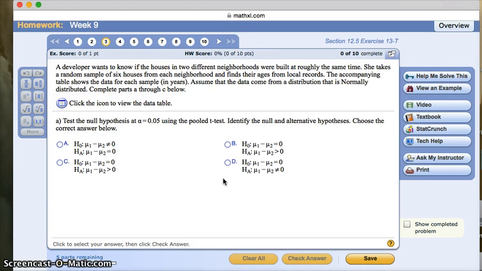When it asks if the result is different from the result of the pooled t confidence interval, we'll say no. The two methods will result in essentially the same confidence intervals and hypothesis tests.